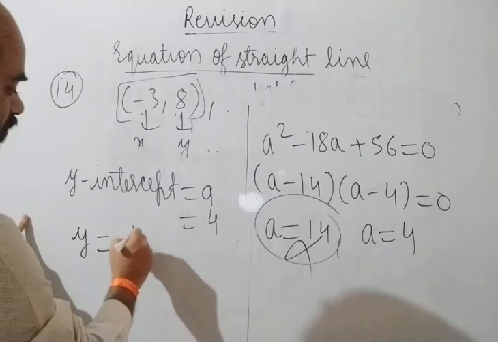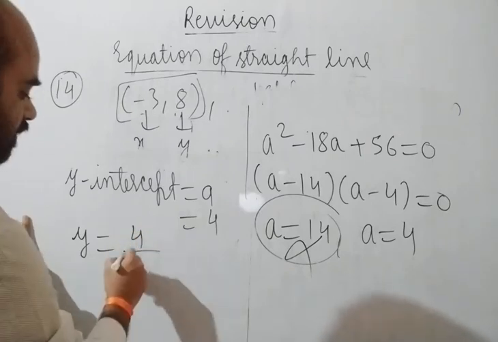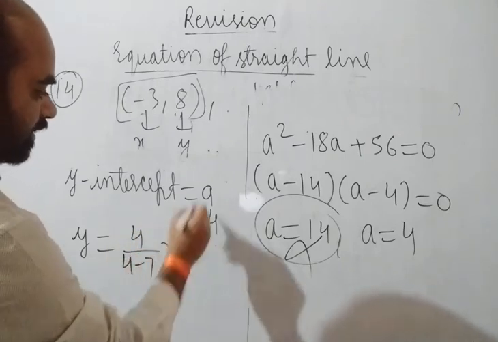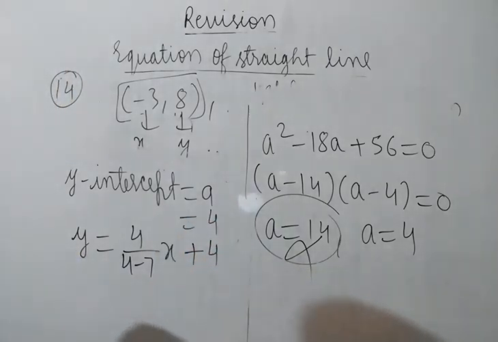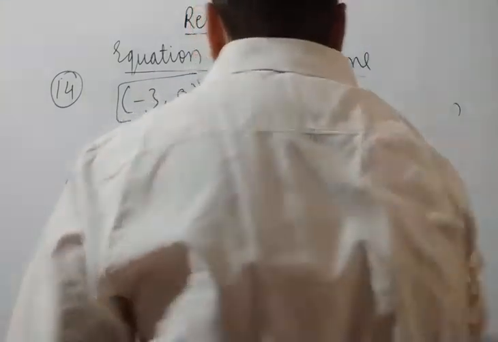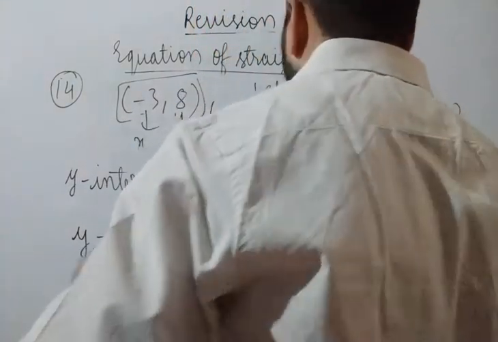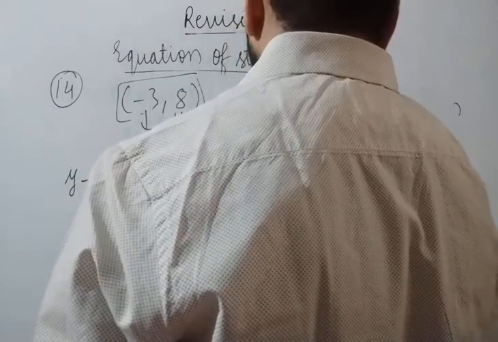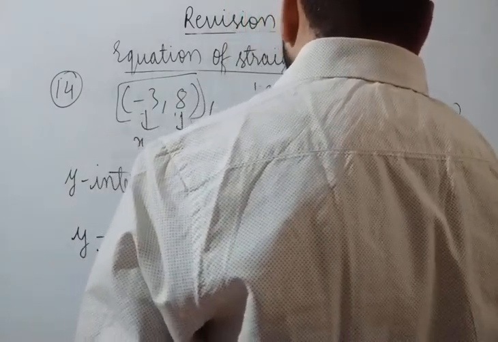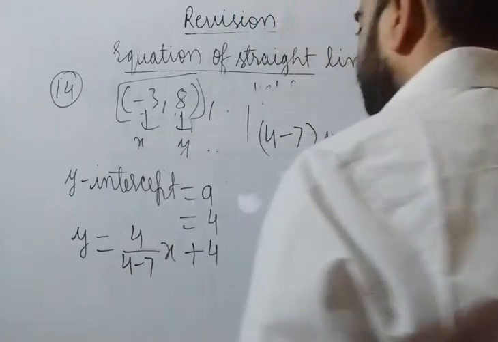So a is 4, a minus 7 means 4 minus 7, x plus c, and the y-intercept is already 4. Clear?